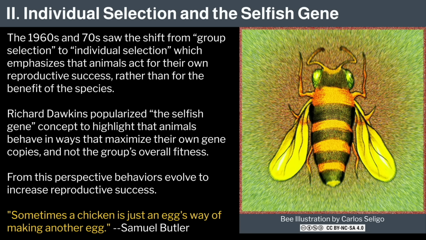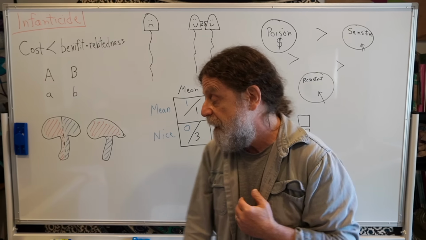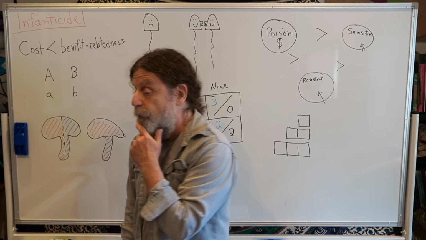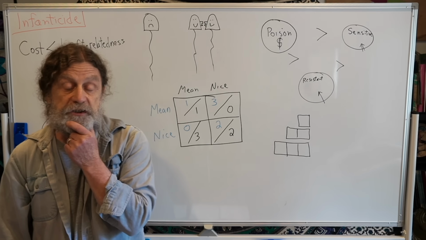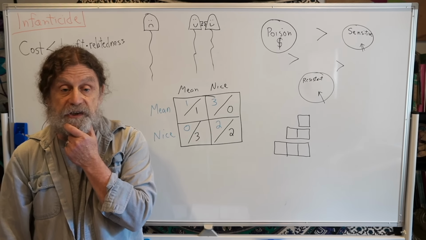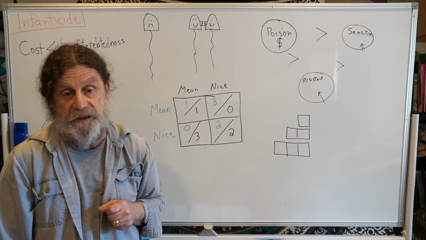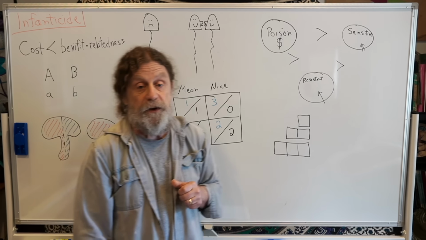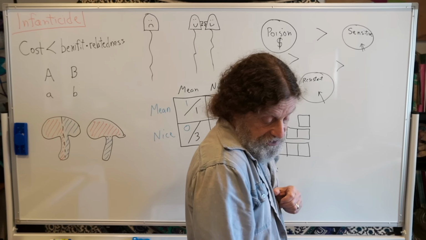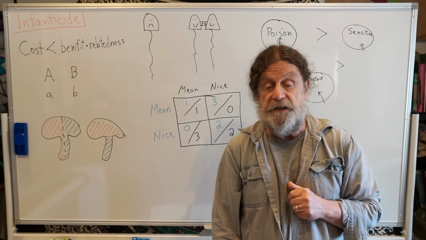Sometimes all this behavior stuff, and there's complications and competition and unrequited whatever, is just to get another egg, another end to the next generation. Sometimes you could think of all of animal behavior as just animals trying to maximize their own reproductive success, maximize the number of copies of their genes they are leaving in the next generation.